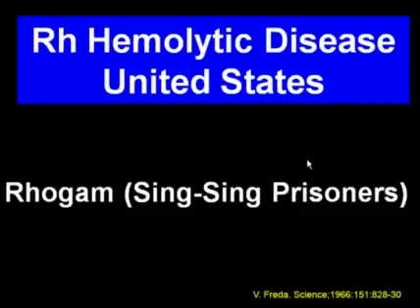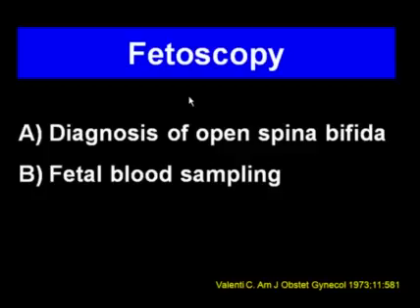In 1968, thanks to the studies performed by Vincent Freda, the ROGAM was introduced in North America, and also thanks to the help of the Sing Sing prisoners who helped for the study.